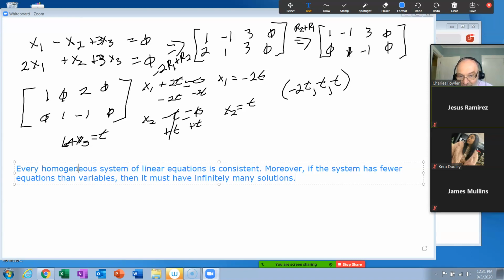You know it has at least one solution, the trivial solution, everything equal to 0. Moreover, if the system has fewer equations than it has variables, I like to say it the other way, more variables than it has equations, then it must have infinitely many solutions. So there is your first theorem in this section.